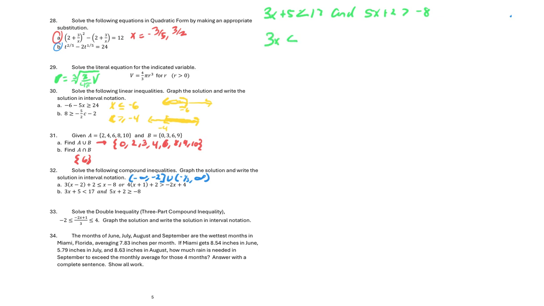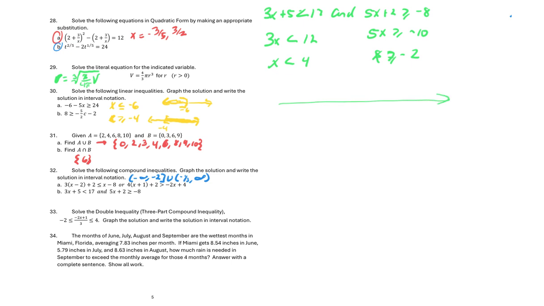So 3x less than 12, x less than positive 4. This one we'll get 5x greater than or equal to negative 10, x greater than or equal to negative 2.